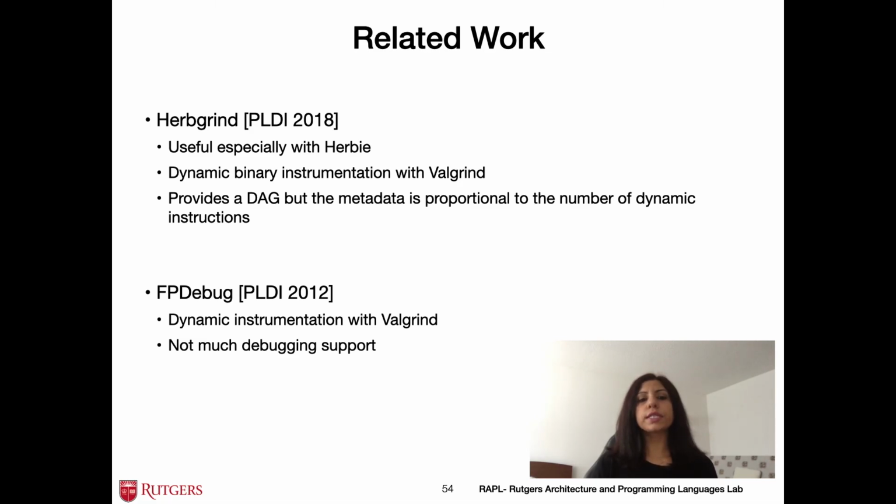HubGrind also produces a DAG of instructions similar to our approach. But one of the things we observed is that we could not run HubGrind with any of our performance applications. That's because HubGrind maintains metadata proportional to the dynamic trace of the program. In contrast, we store a constant amount of metadata per memory location.